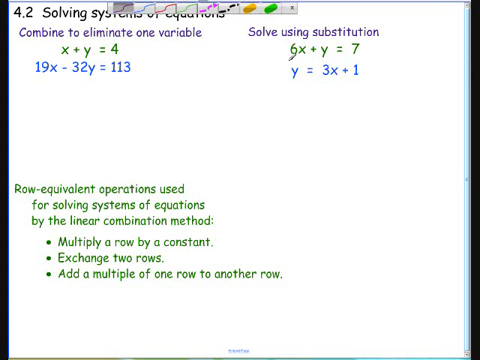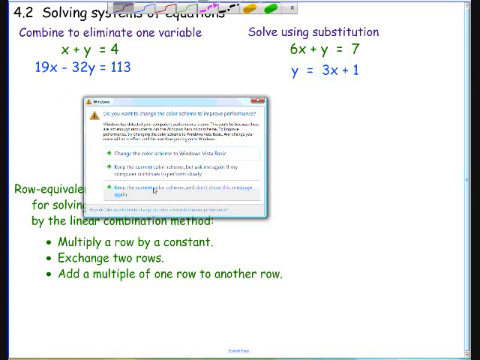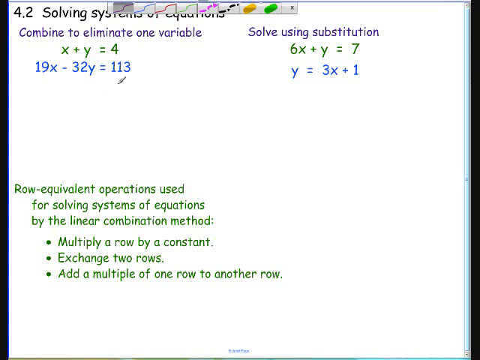Here's another one, solve using substitution. All right, if I want to combine these, I have a problem in that I can't eliminate a variable by combining them right now. If I try combining them right now, I'll get 20x and 31y, failing to eliminate a variable.